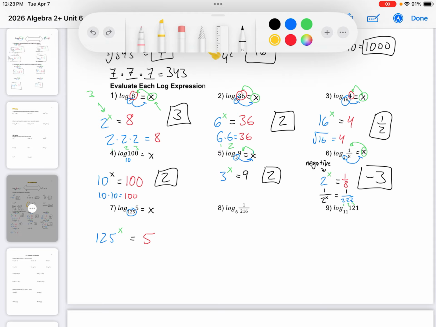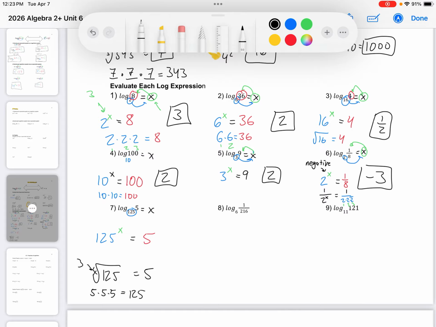If you remember, that means that we need to have a fraction as our exponent. So we need to know what root of 125 would equal 5. It's not the square root. It is the cube root, because we would need 3 5's multiplied together to make it be equal to 125.